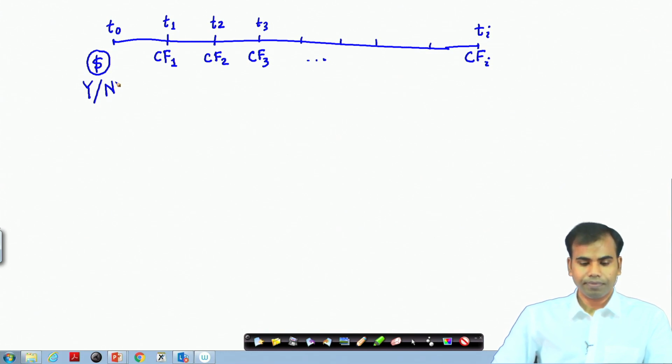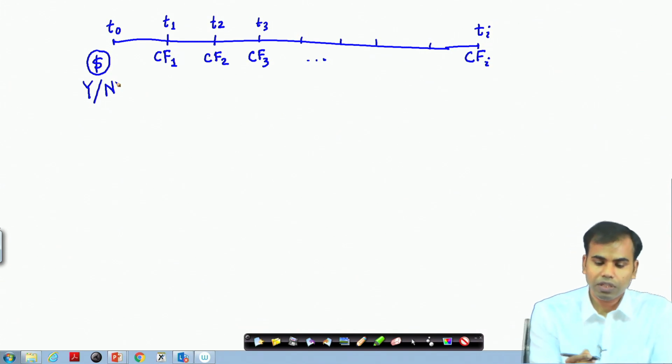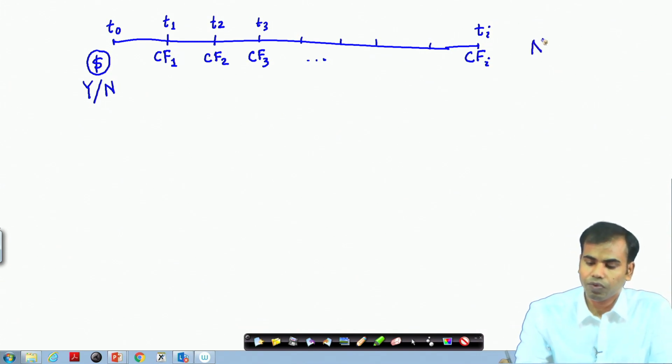The standard approach is you try to calculate the value of these cash flows occurring at future dates, bring it to the present time and then compare the total value of expected cash flows with the initial investment. We have discussed the net present value approach earlier, where we do the same exercise. This is also known as the NPV approach.